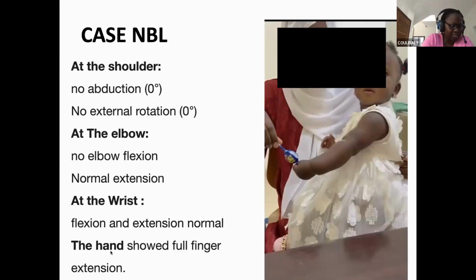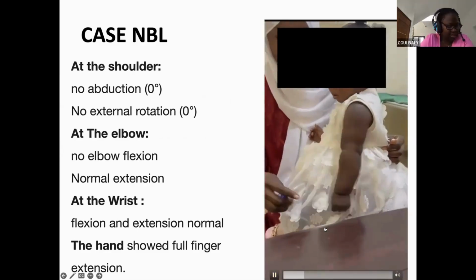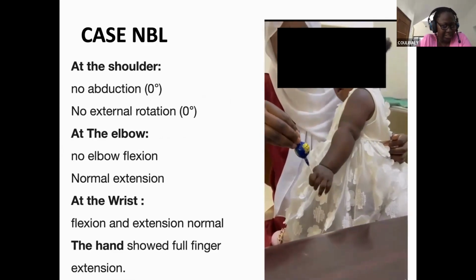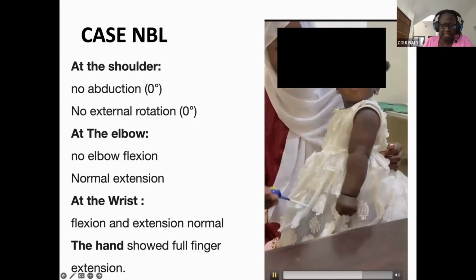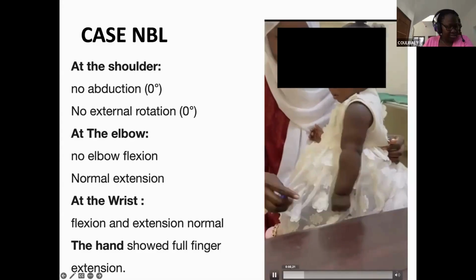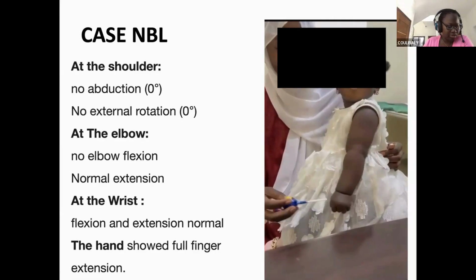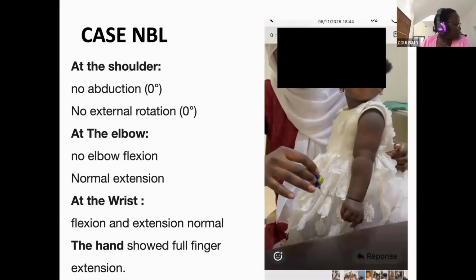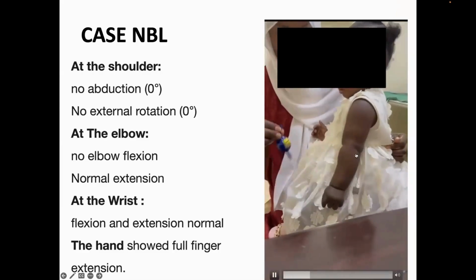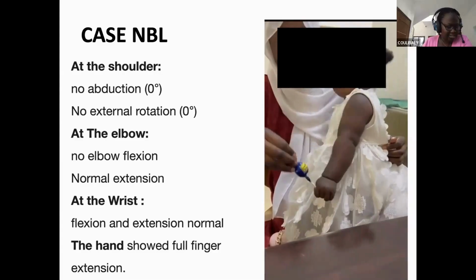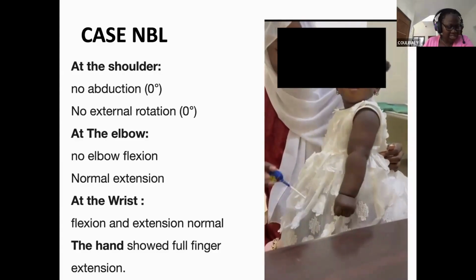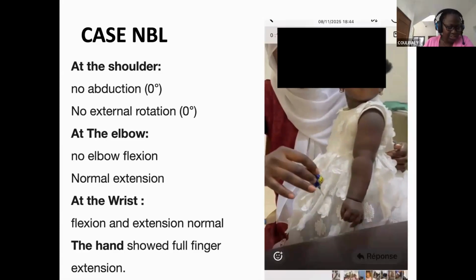On examination, it was a typical C5, C6 palsy, and at this age shoulder abduction and external rotation were both at 0 degrees. At the elbow, active extension was present, while flexion was still absent.